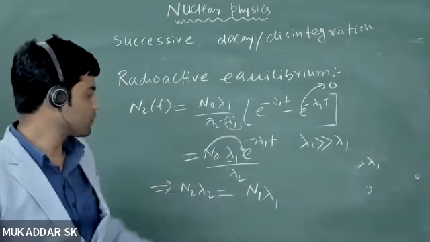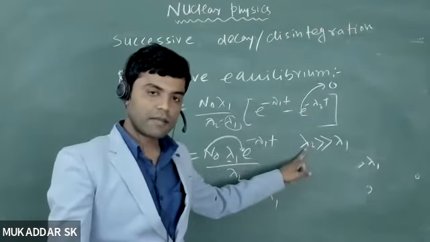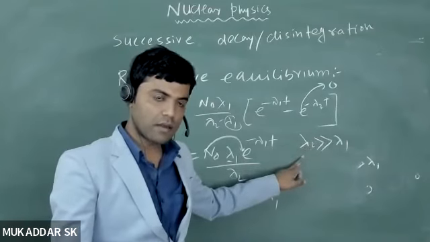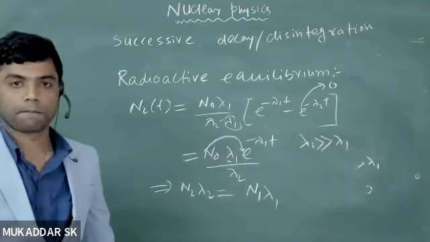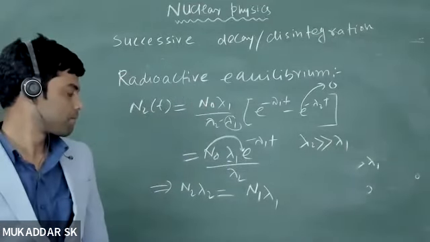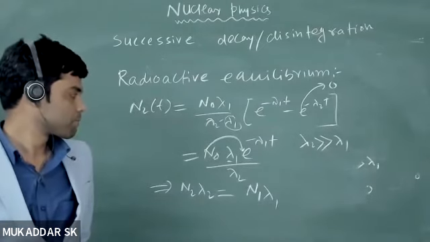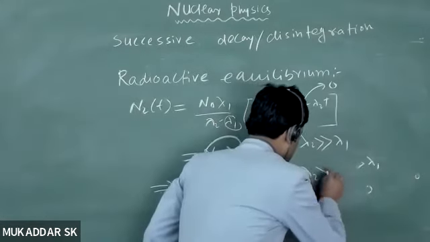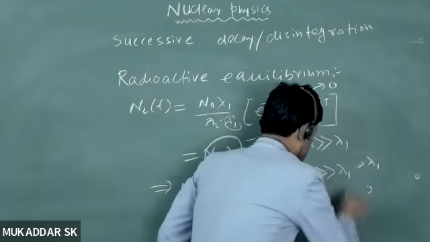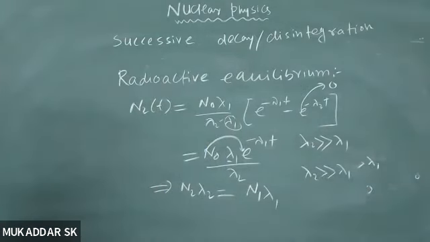That can only be possible when that intermediate nuclei is having much greater decay constant value as compared to parent. So you have a condition like lambda 2 much greater than lambda 1, and there's an inverse relationship between lambda and t half, right?